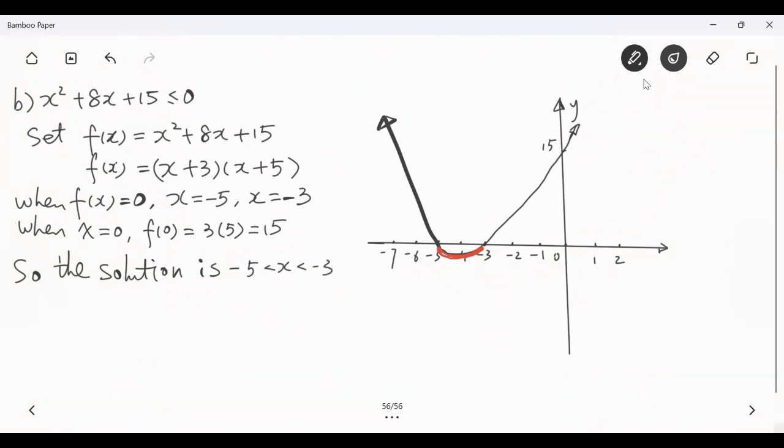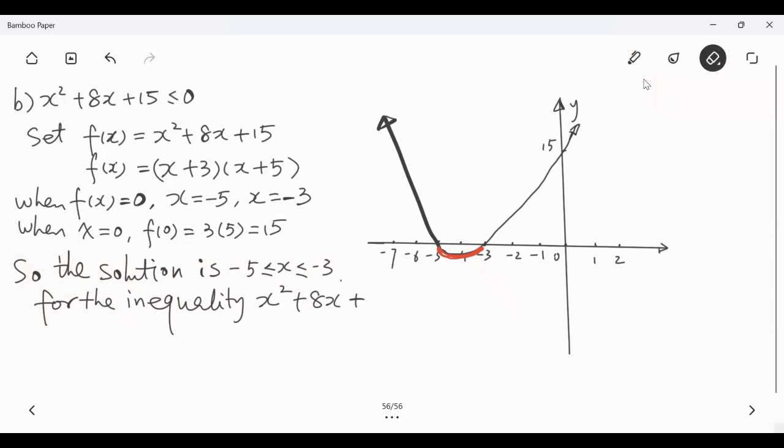The inequality includes 0, so it includes the boundary, negative 5 and negative 3. So that is the answer for the inequality x squared plus 8x plus 15 less than or equal to 0.